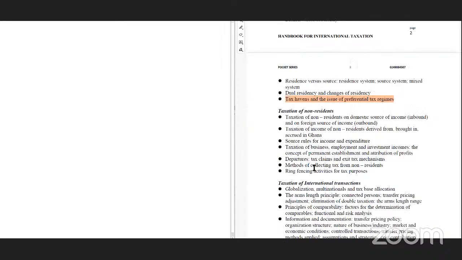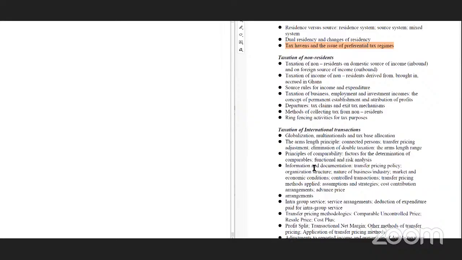So we look at the taxation of non-residents, okay? And we have to look at non-residents and their taxation on inbound transactions and on foreign transactions, taxation of the income of non-residents that has been derived from, brought into, and accrued in Ghana, source rules for income and expenditure, taxation of business, employment, and investment incomes, the concept of permanent establishment and how to attribute profits, departure taxes, tax claims and exit tax mechanisms, the methods of collecting taxes from non-residents, and ring fencing activities for tax purposes.